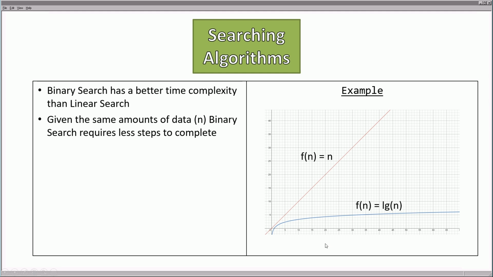Now the way that we can start examining this, if we have this given input here, let's say it was 10, binary search only takes this many operations to complete, versus linear search, which takes this many operations to complete. Given the same amount of data, linear search takes more operations to complete than binary search. And so we can safely say that binary search works better. It solves the same problem in fewer operations.